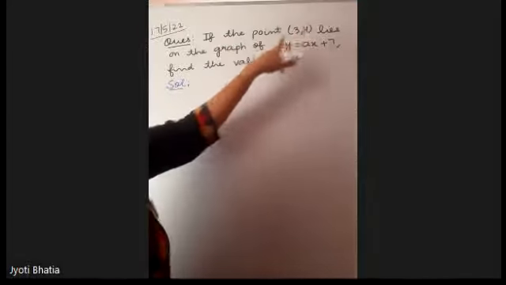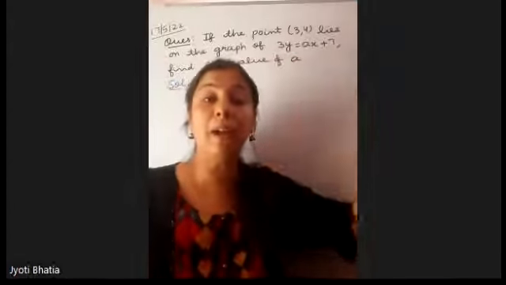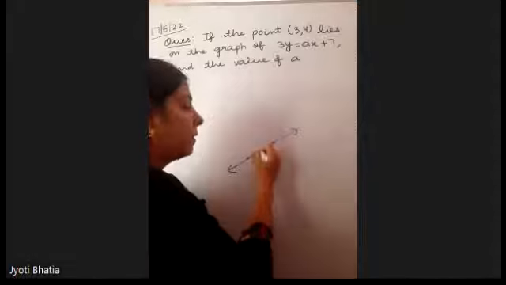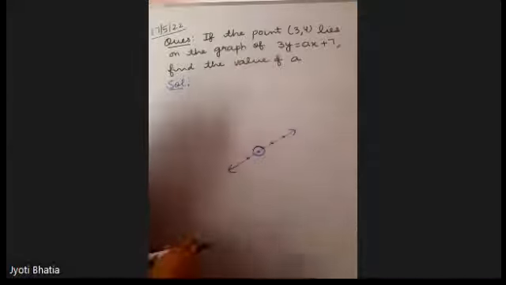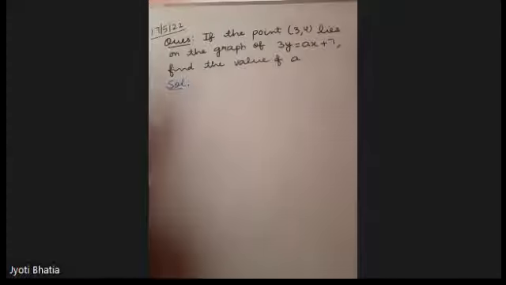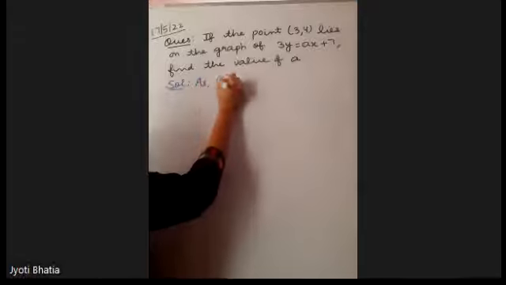If the point (3, 4) lies on the graph of this, the point is lying on the line of this. Any point that lies on the equation, does it mean it has to be a solution?